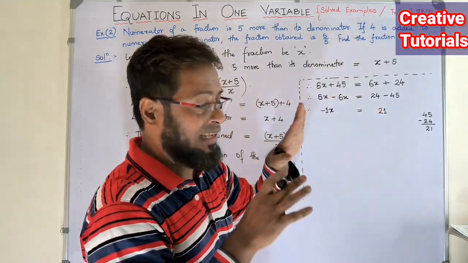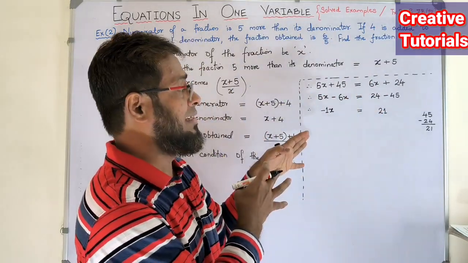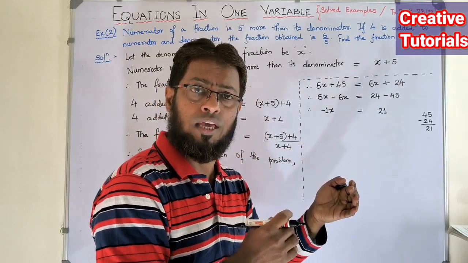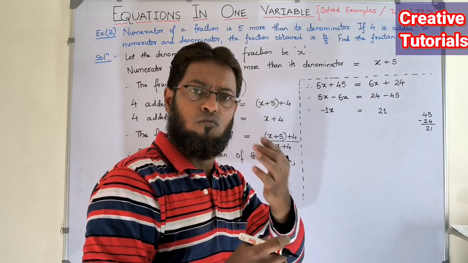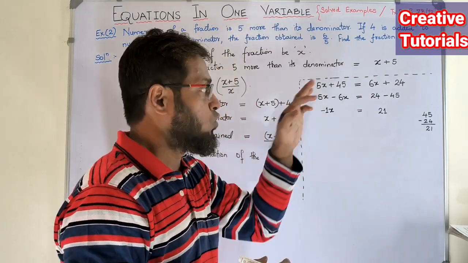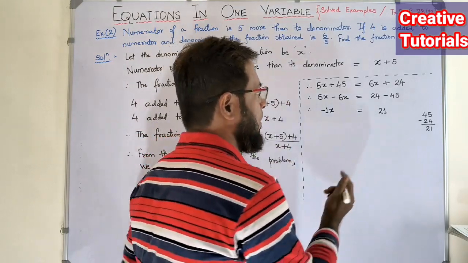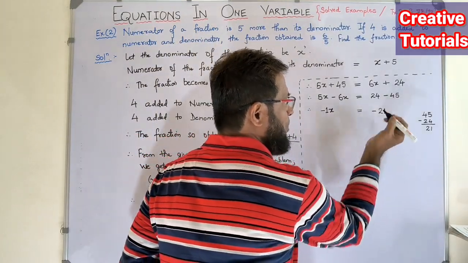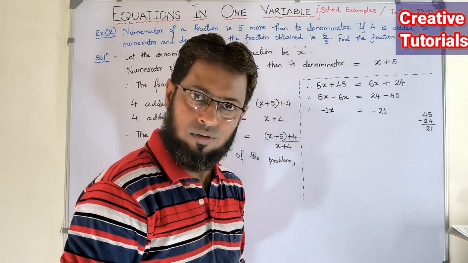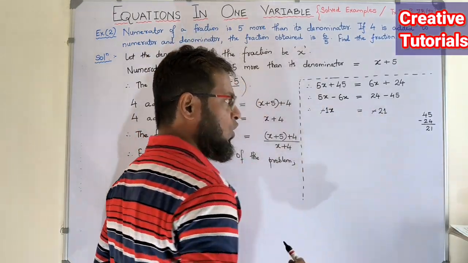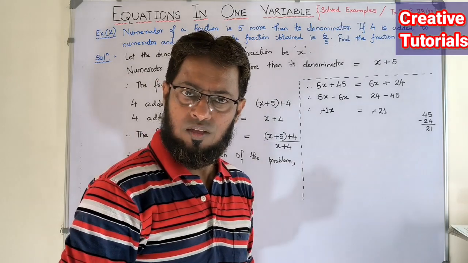Out of these two numbers, 45 is the bigger number, and the sign towards the left of 45 is minus. So minus is the sign of that number, and since 45 is a bigger number, that sign will go to the answer.